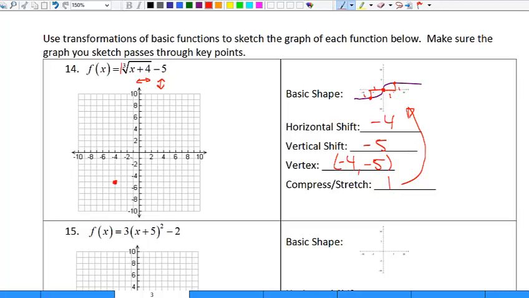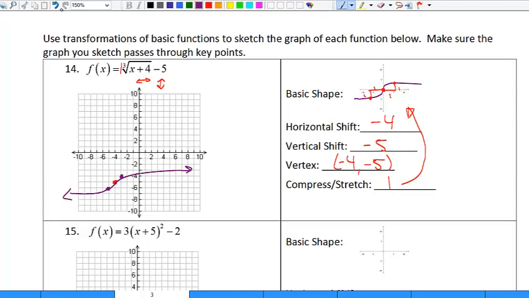To get my critical values from my vertex, I'm going to travel right one and up one and left one and down one. Now just having those 3 points correct is very important, but you also now need to do the shape correctly. So the shape is this S shape, and then that's it.